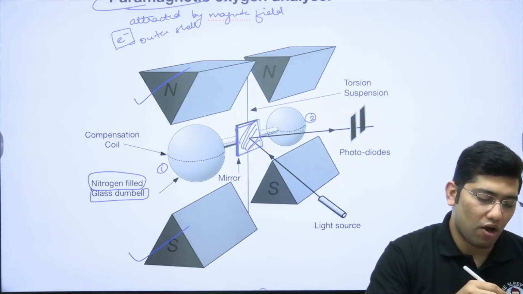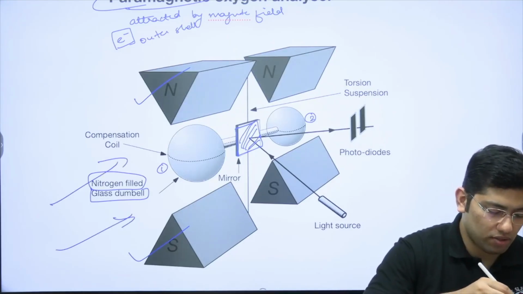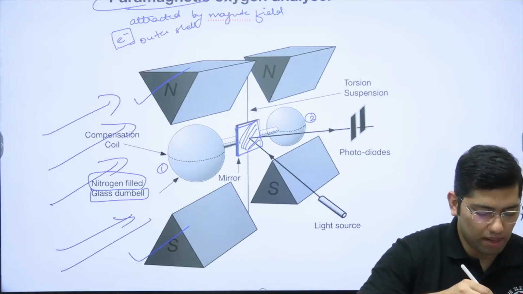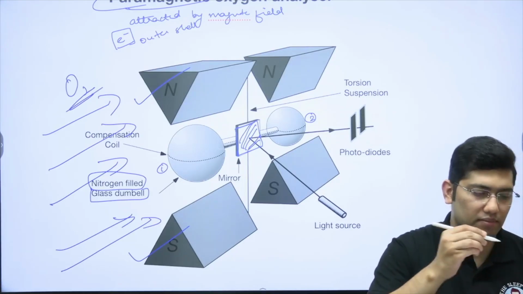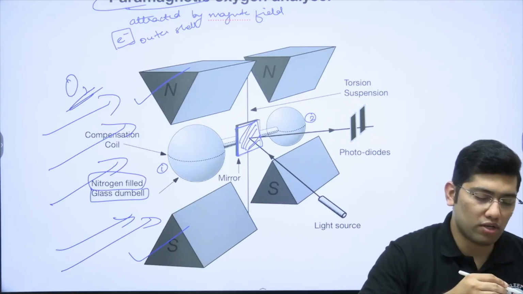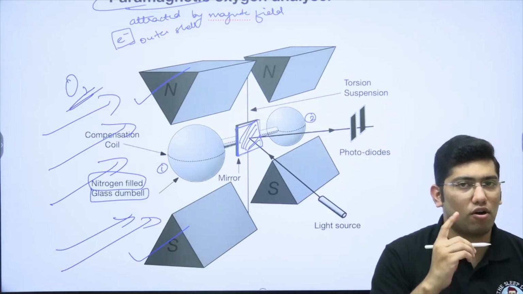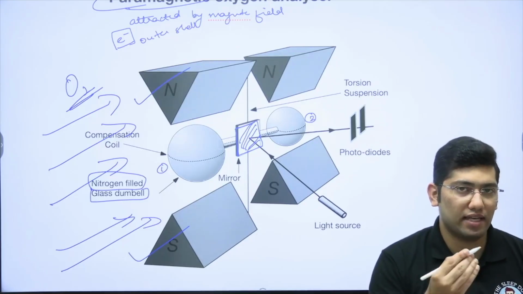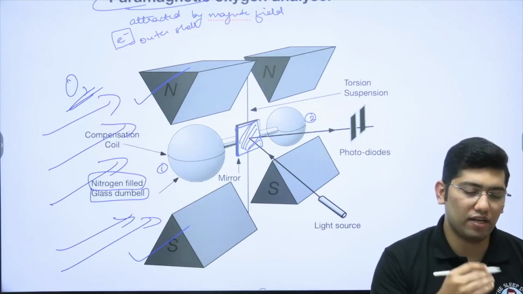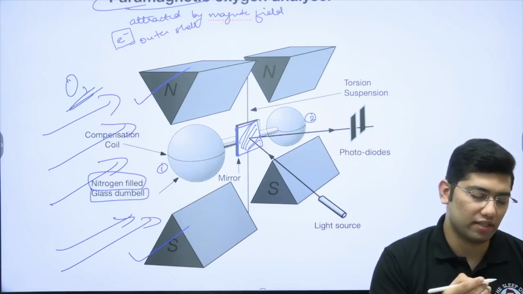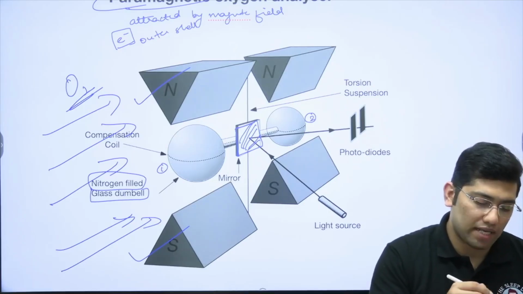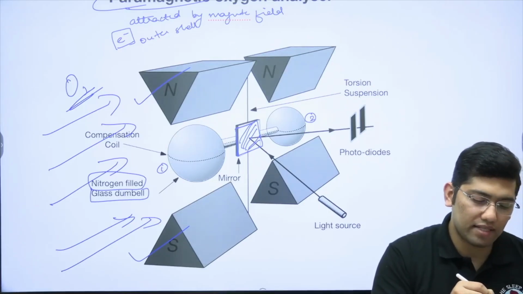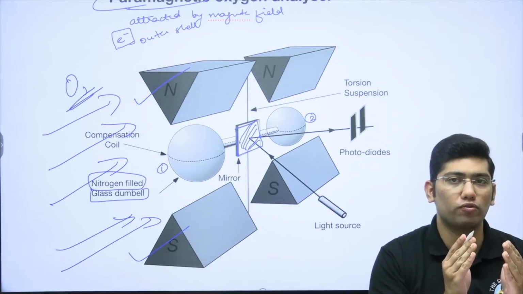Now, oxygen is passed through this paramagnetic analyzer. When oxygen is passed through this analyzer, oxygen is paramagnetic. That is, it gets attracted to the magnetic field or it attracts the magnetic field. Now, when oxygen is passed, this glass dumbbell tends to move.